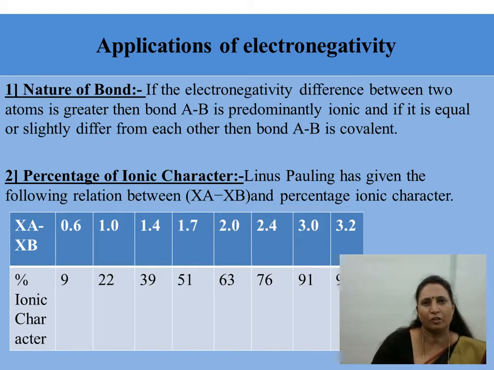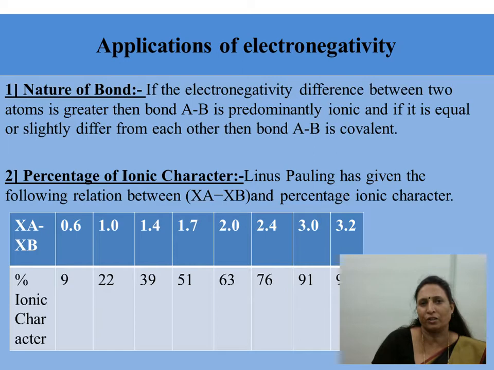With the help of electronegativity values, one can identify the nature of a bond. If the electronegativity difference between two atoms, for example AB, where A is one atom and B is another atom, and the bond present between A-B is greater, then A-B has ionic nature.